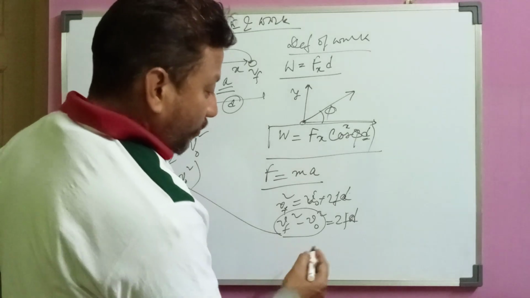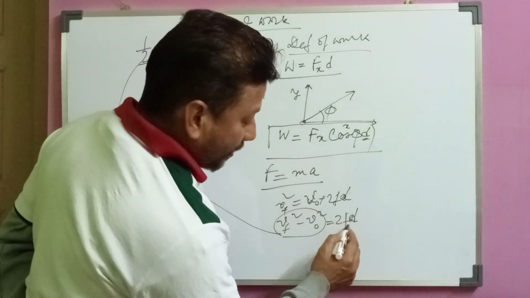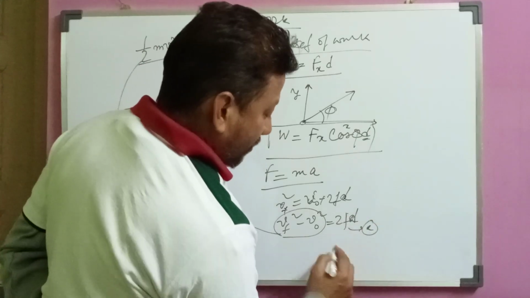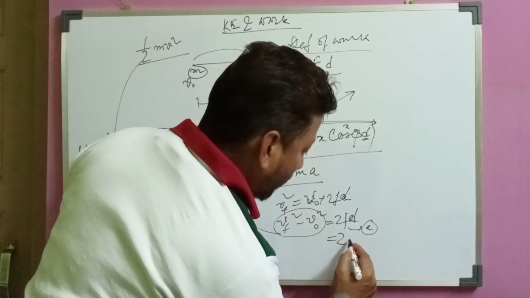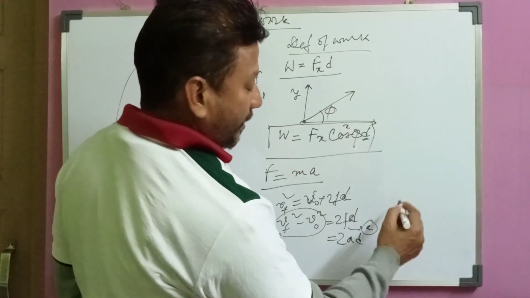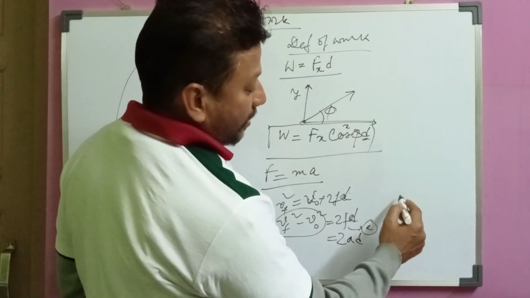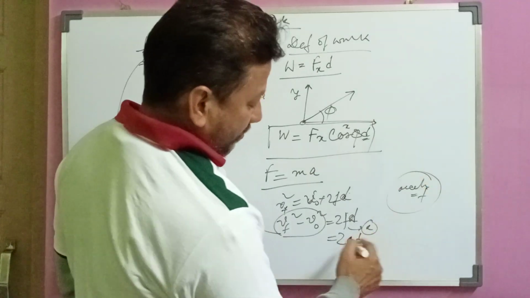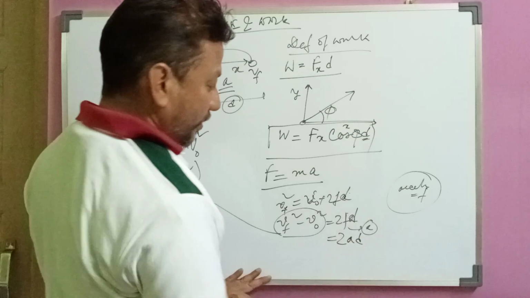As we have here, F, I denoted F as acceleration, keep it in mind. So equal to 2ad, because previously we learned this acceleration is equal to F. By practice I have written this.